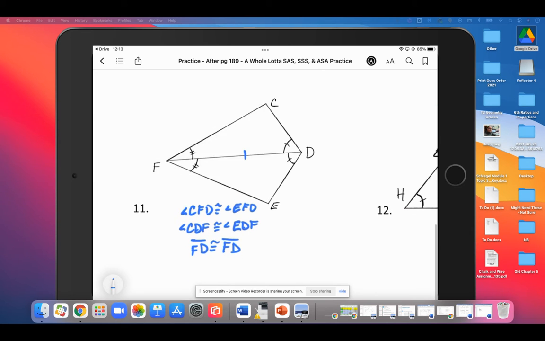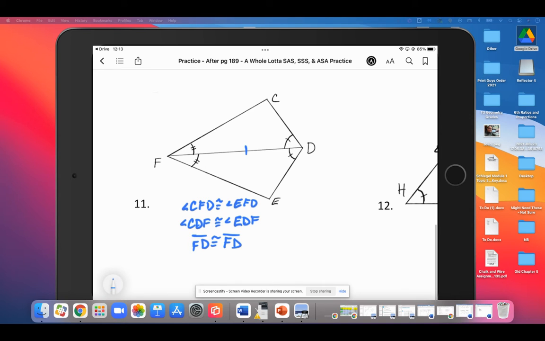And so I do have the information I need to be able to say that because of angle side angle, triangle CDF is congruent to triangle EDF because of angle side angle.